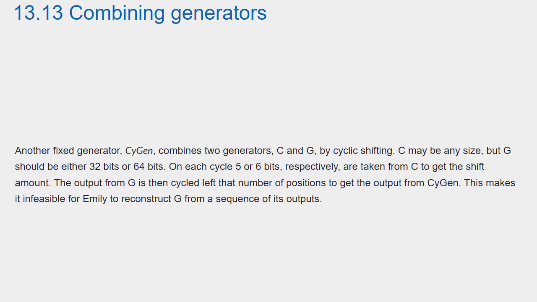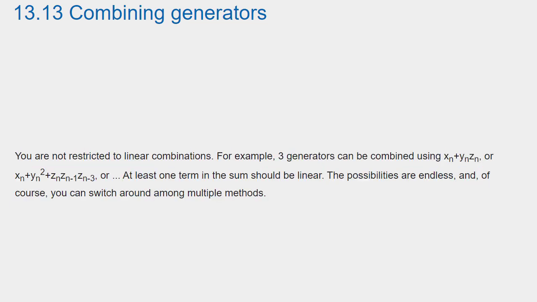On each cycle, 5 or 6 bits, respectively, are taken from C to get the shift amount. The output from G is then cycled left that number of positions to get the output from SciGen. This makes it infeasible for Emily to reconstruct G from a sequence of its outputs.